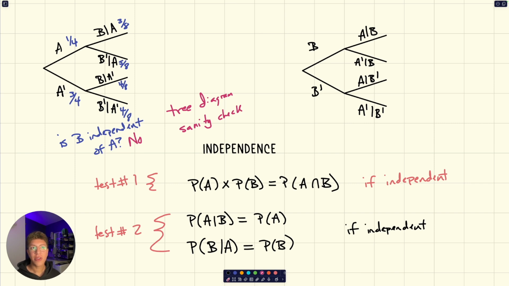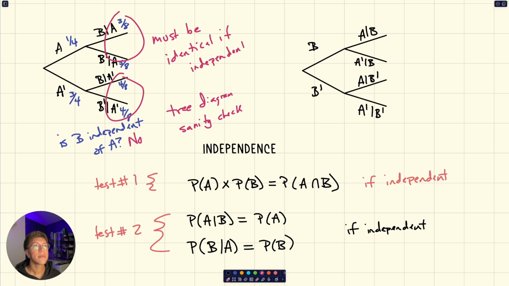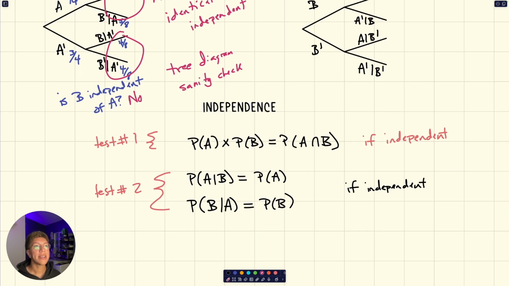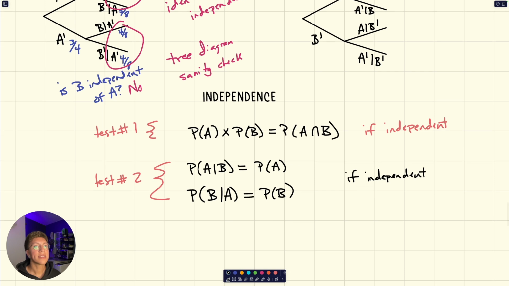If we're uncertain whether our test for independence is correct or not once we've worked it out, we can look at our diagram, and these two branches, there and there, must be identical if they're independent. And so what we can say is there's a third test, test number 3. And this one's maybe not as rigorous, but we can say, look at our tree diagram.